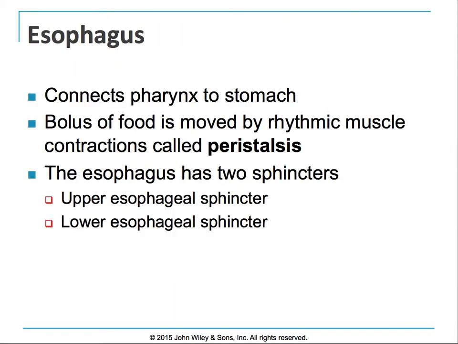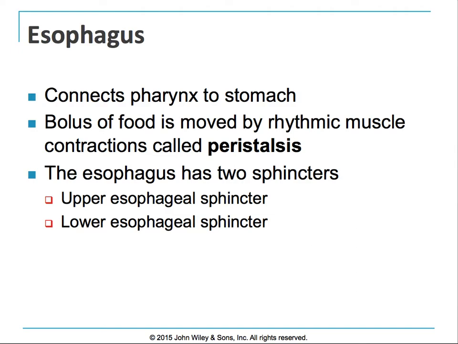The esophagus. The esophagus connects your pharynx to your stomach. The bolus of food is moved through the esophagus by rhythmic muscle contractions called peristalsis. The esophagus has two sphincters. Sphincters are just sort of tight muscle openings that open and close to allow things to pass through them.